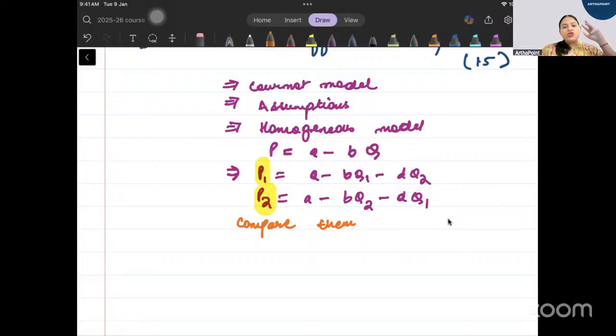Compare when the differentiated model looks like the similar model. This is the entire answer that you can write. I hope the mind map is clear to you, and what all will come in it. Now take a minute and try to write the answer for this one.